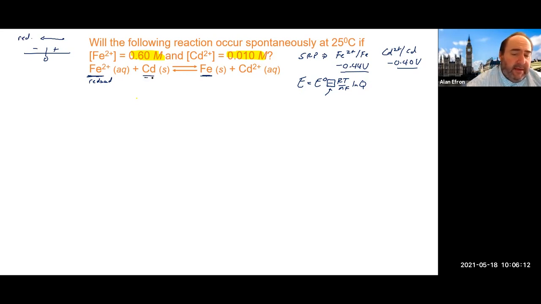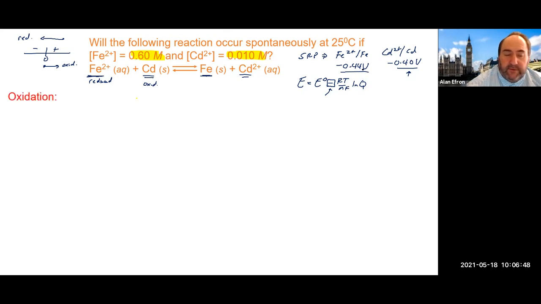If we look at cadmium, it is going from 0 to +2, heading in that more positive direction, going through oxidation. This is opposite of what we might expect when we look at our SRP values. Our SRP values show that cadmium is more positive out of the two, but in this case cadmium is actually the one going through oxidation. Any questions on that?